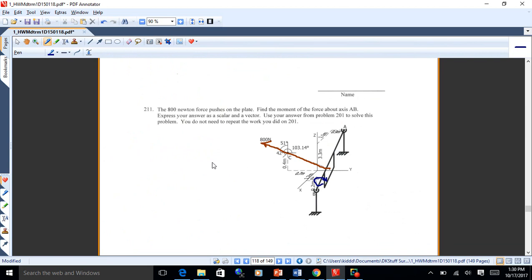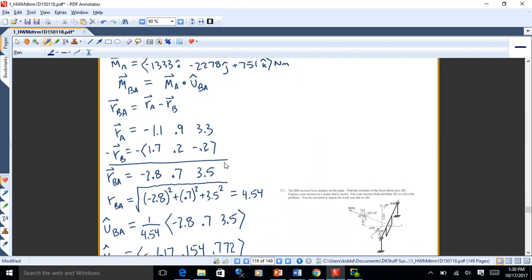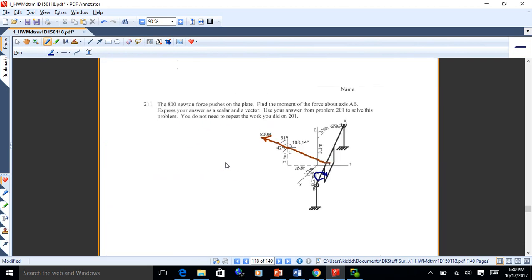All right, so what we did there, we looked at the moment that force would cause about A initially. And what we got out of that was negative I, negative J, and was it a positive K? Yeah, I guess it was. So negative I, negative J, and positive K. I'm going to attempt to sketch this using just the mouse.